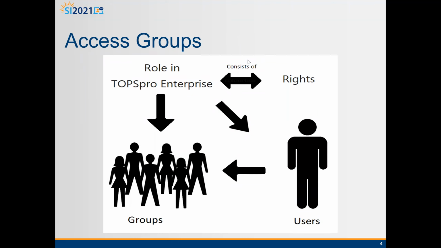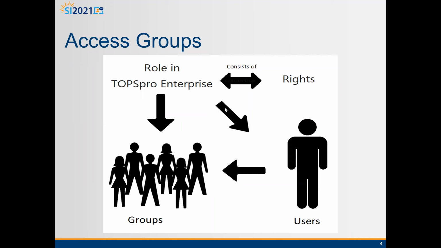Users can have individual rights depending on what role you want your user to be in. Looking at this picture right here, if we take a look at roles, we can have individual access rights depending on what role we want to give to users. And also the same can be said for groups. So access groups can have roles also.